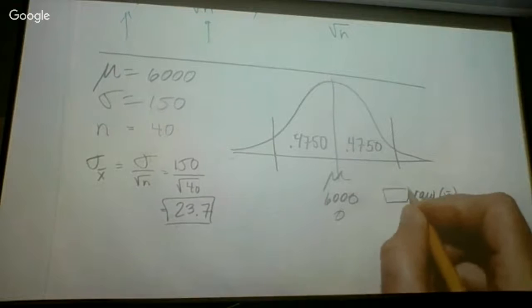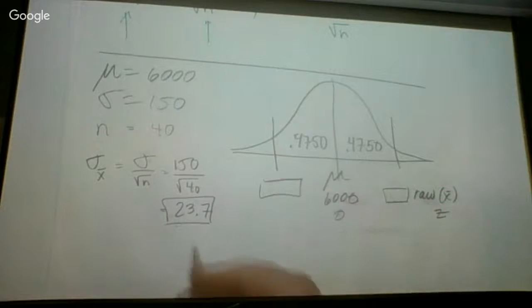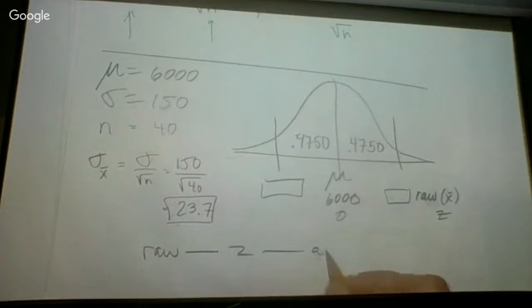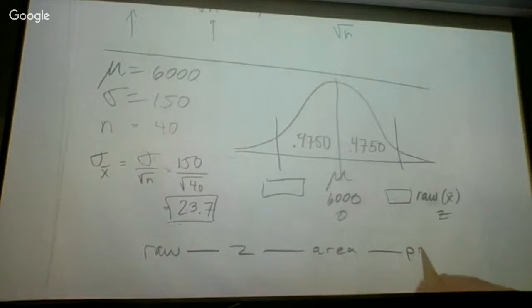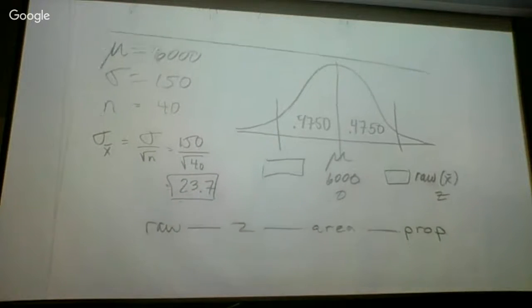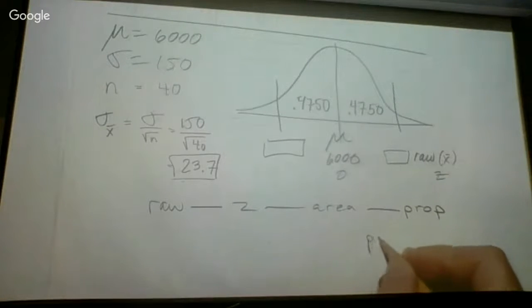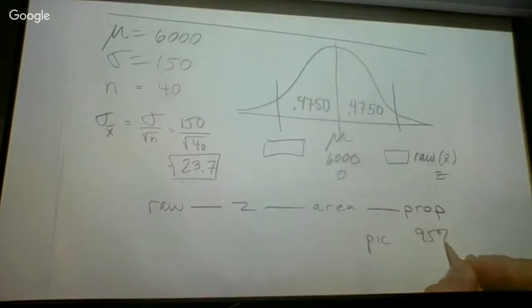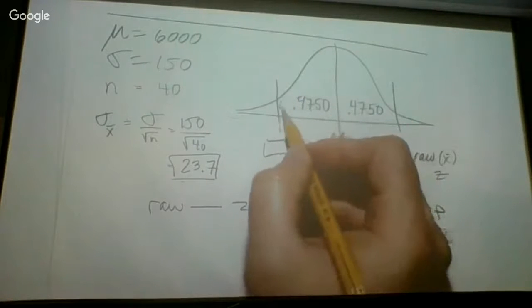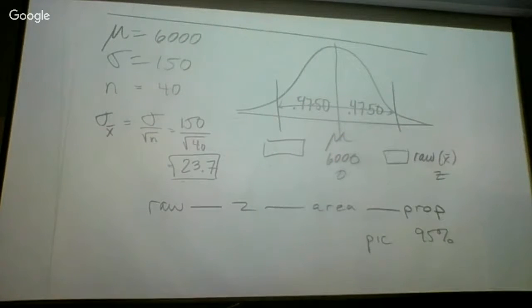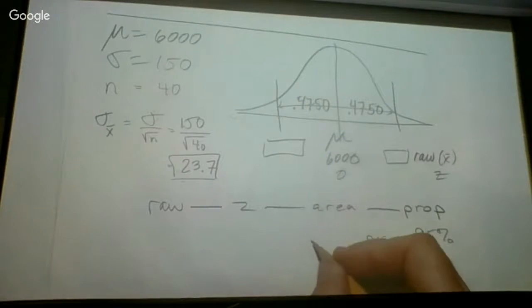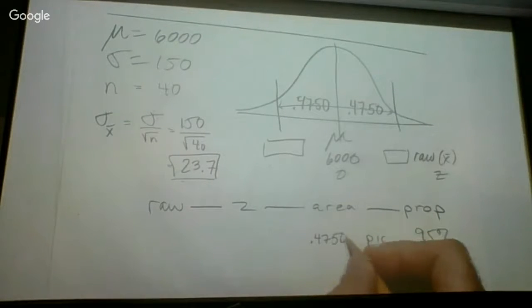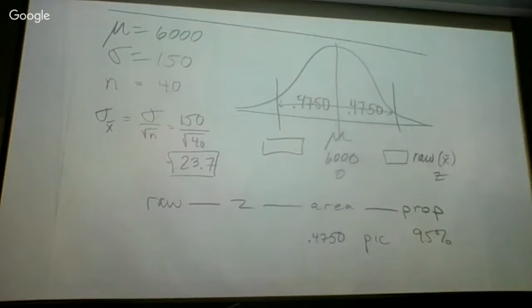What we're looking for are, in fact, these raw scores. So if we're working something like this, we start with the proportion of 95%. 95% is going to be between those two boundaries, which means those areas, if you divide 95% in half, is 0.4750.